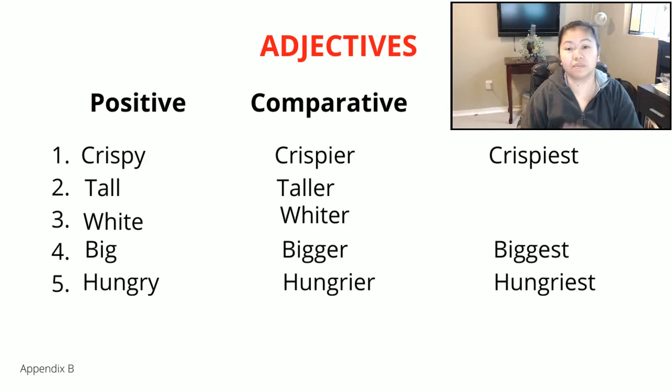I cannot have somebody be the tallest unless there's somebody you can't see. Then the teeth: white, whiter. The elephant is big, bigger, biggest. And the fish: hungry, hungrier, hungriest.